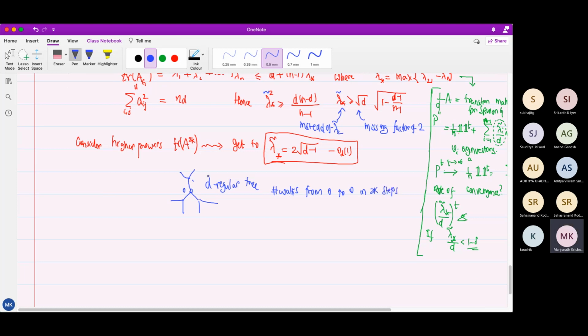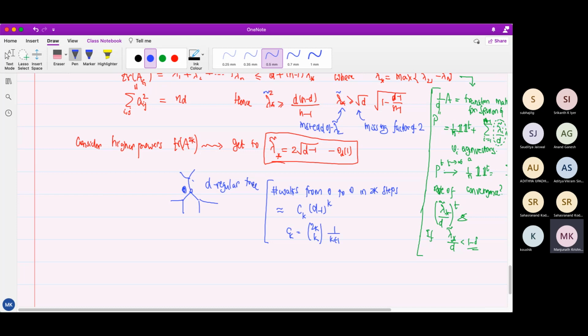How many walks are there in the tree in 2k steps? I want to start from here, walk on the tree and come back. That is basically like the Catalan number times d minus 1 to the power k, where the Catalan number is 2k choose k over k plus 1. So this is a nice combinatorial problem. The number of walks from 0 to 0 in the regular tree is like this.